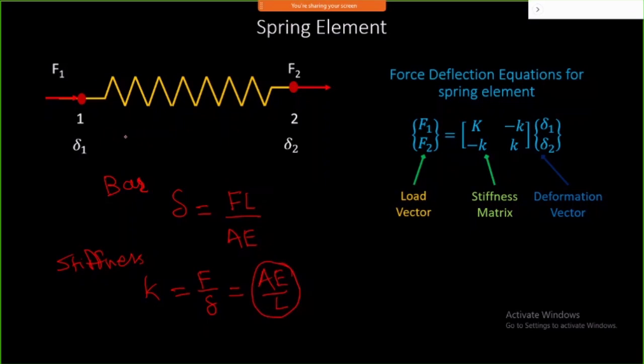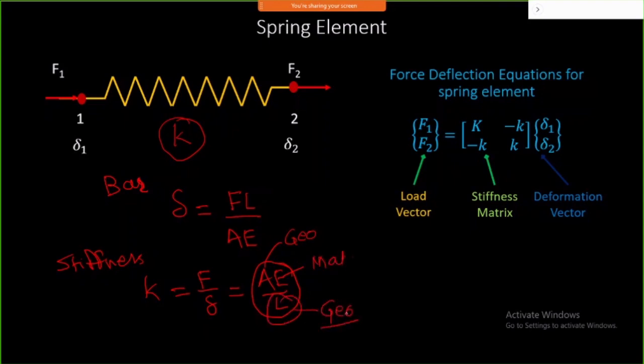Now we are considering the spring as a single element with the name K, and this stiffness contains both properties. This is a geometric property, this is your material property, and again this is a geometric property.